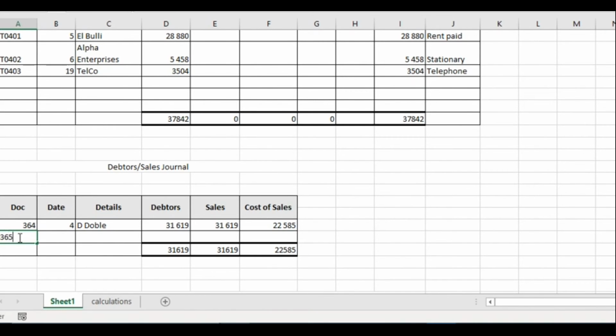Then it's day number 20, and our details is F. Foster. So our debtor owes us 12,110. We made sales of 12,110.